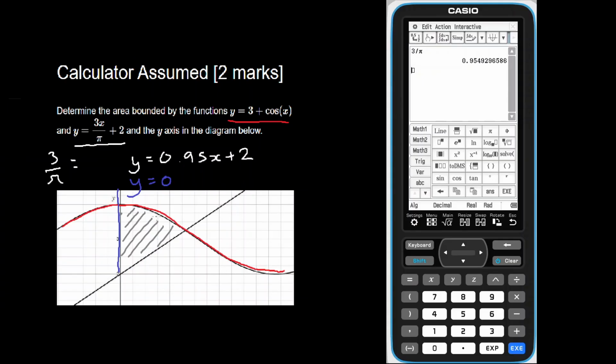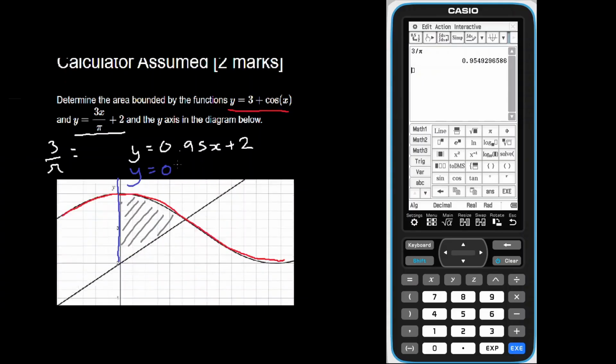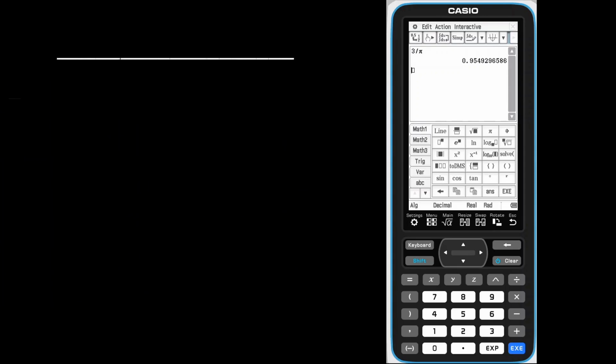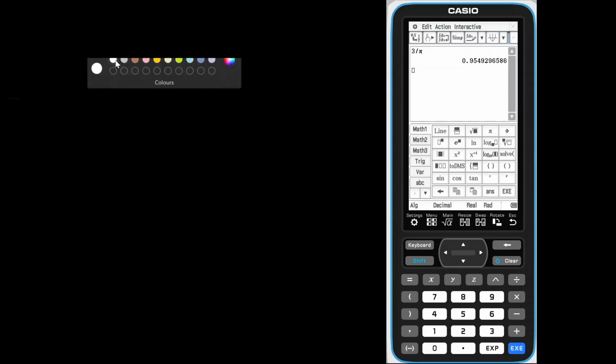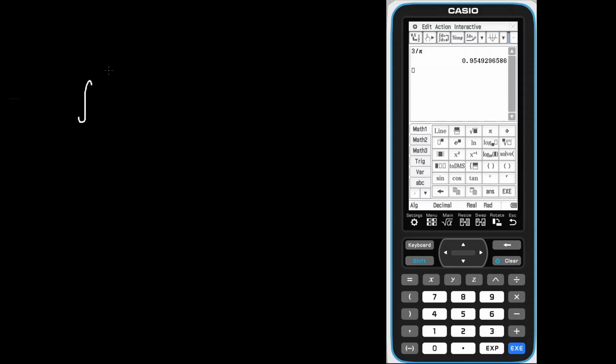But the problem is we need to know where they cross. If we have a look at the equation for finding the area underneath a curve, the area is equal to the integral of the top function minus the bottom function, with respect to dx, with the lower limit 0 and the upper limit this value x1, which I don't know yet.